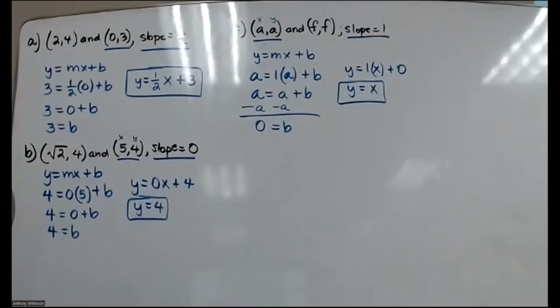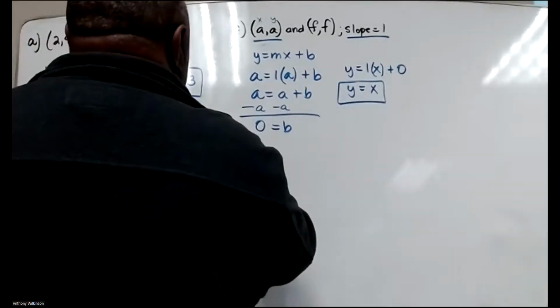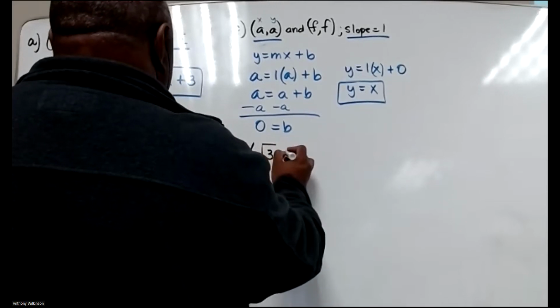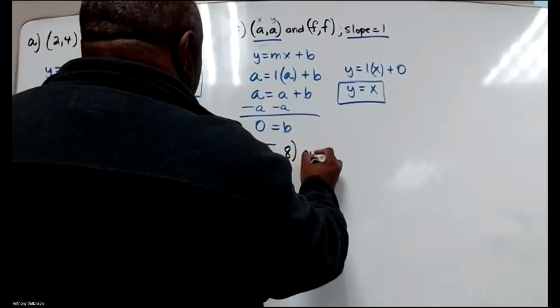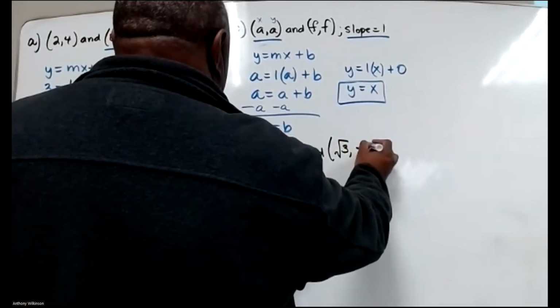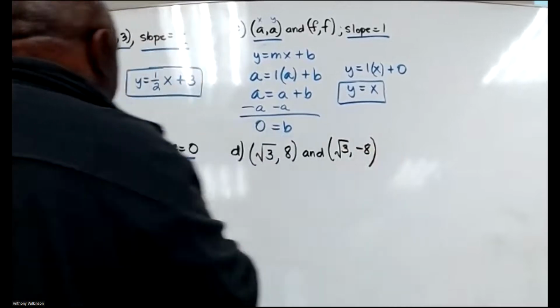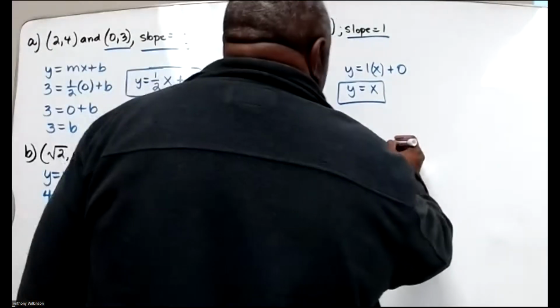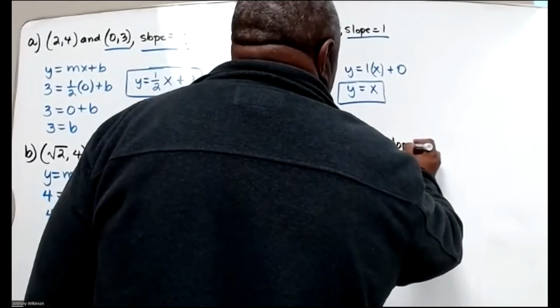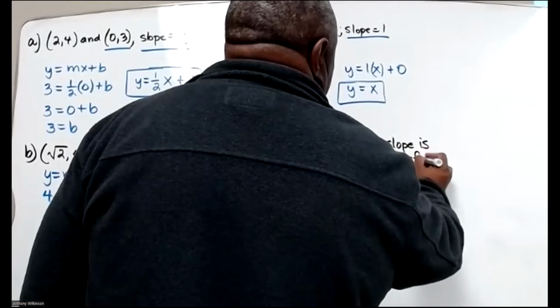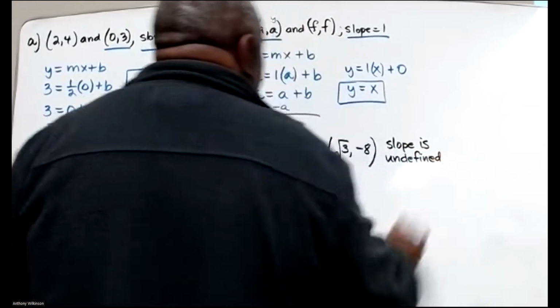Okay. Now, part D looks like this. Here we got the square root of 3 and 8. And the other ordered pair is the square root of 3, negative 8. Now, in this case, you are told that the slope is undefined.